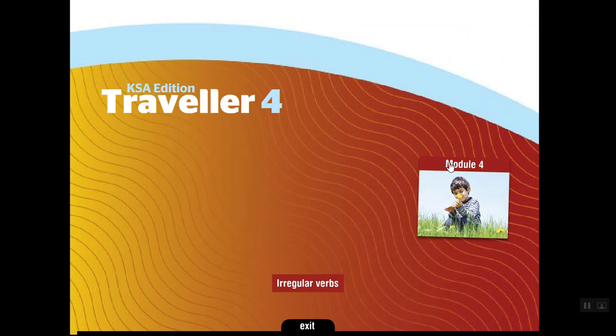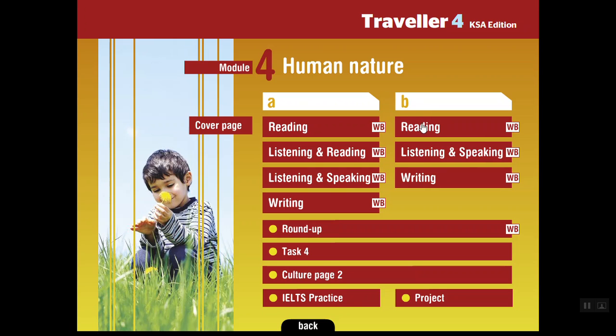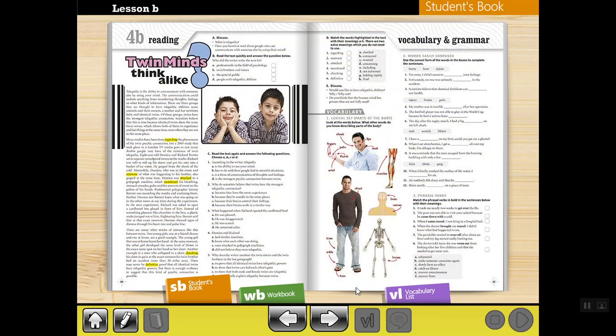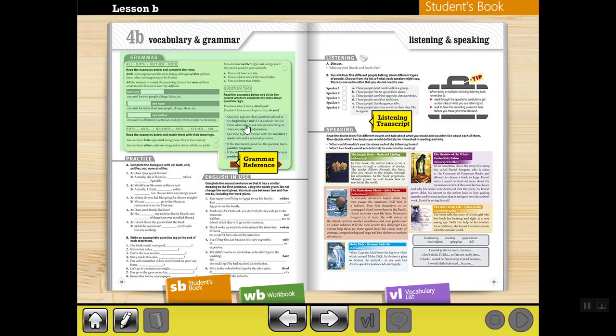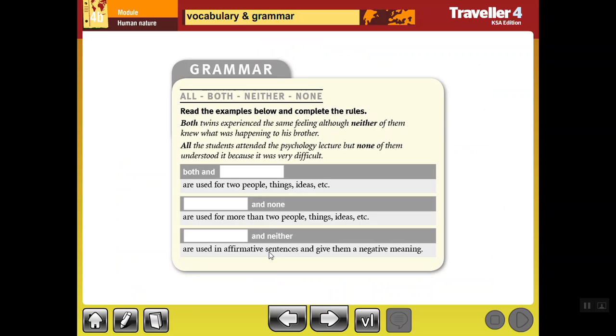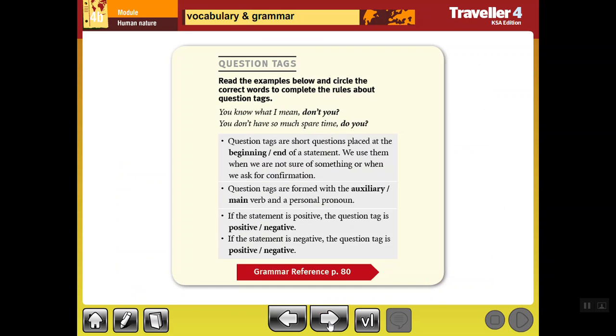This is Traveler 4, Module 4, Section B, and our grammar here on this page is question tags. Read the examples below and circle the correct words to complete the rules about the question tags.